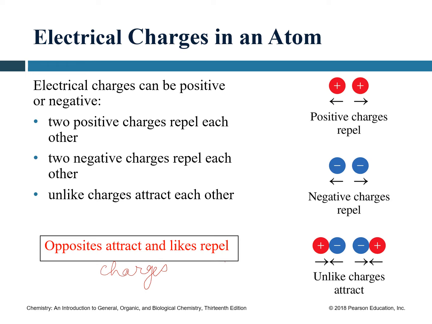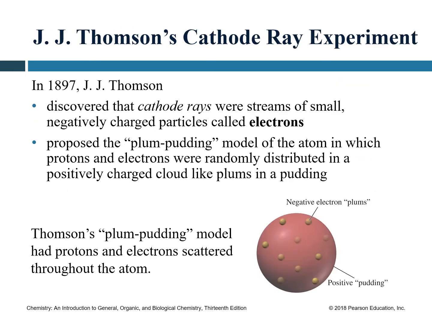Okay. Now, using this information, in order to understand the structure of an atom, J.J. Thomson, a physicist, did an experiment. He basically had a glass tube and ran electricity through that tube such that it produced some rays. Then these rays were passed through two electrodes.